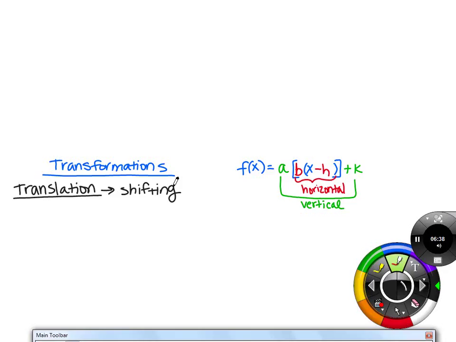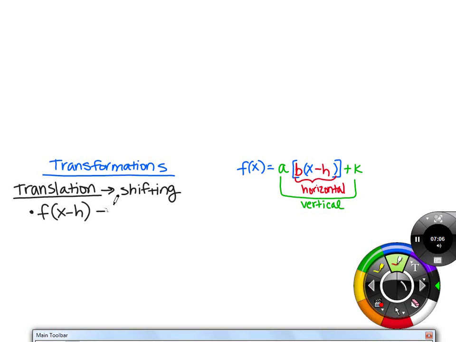What controlled our horizontal shifting? H, okay? So it happened within the function. So in function notation, if you didn't have a whole function written out, you would see something like this, okay? Basically that the H is affecting the X within the function. It's not happening beyond the function, okay?